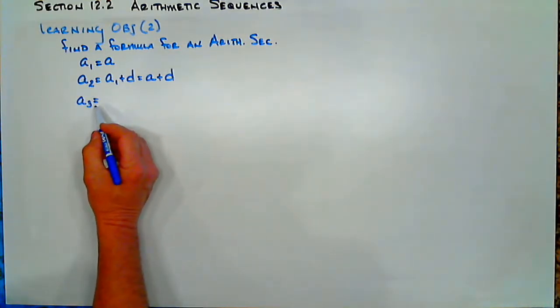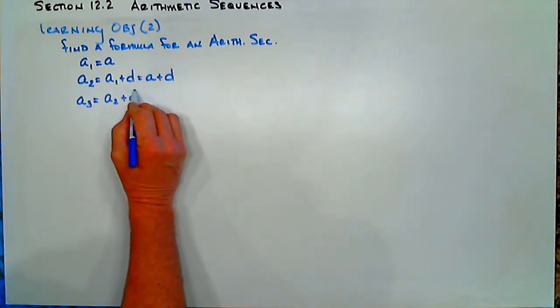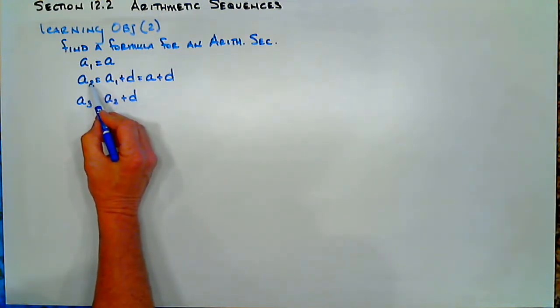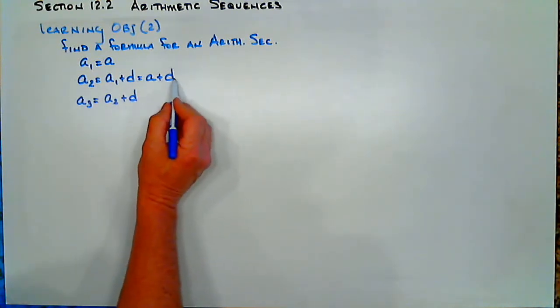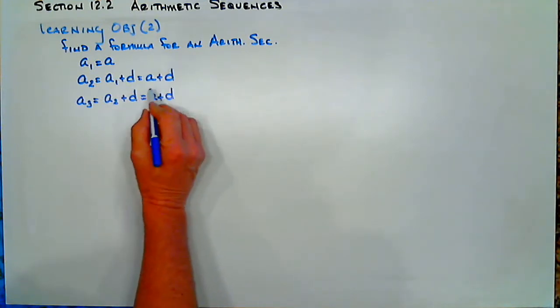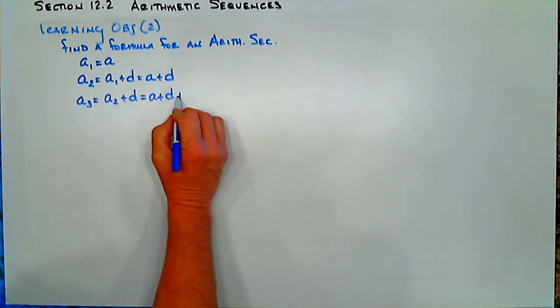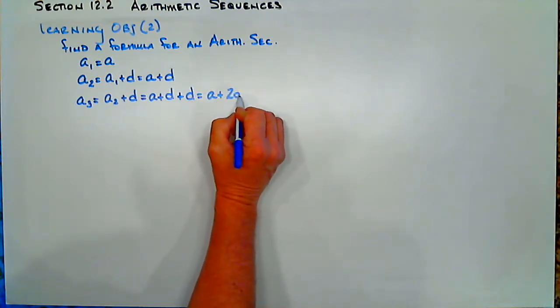So what is a sub 3? A sub 3 is a sub 2 plus a common difference. It's the term we had before plus the common difference, but we know a sub 2 is a plus d. So that's a plus d plus our d, a plus 2d.